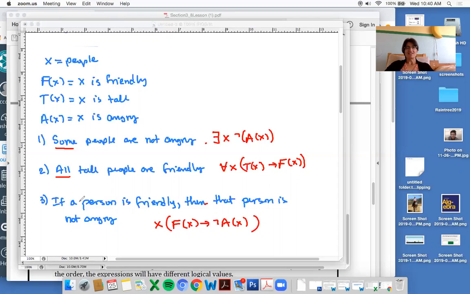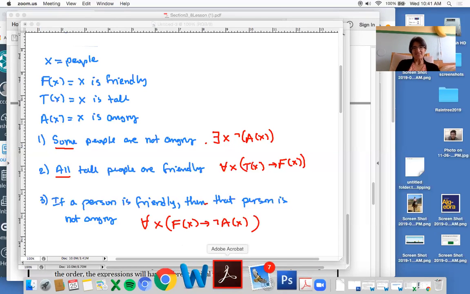Am I saying there is one person who's friendly and not angry, or does this mean for all people who are friendly, they're not angry? It's a universal. Cool. So that was a little bit of translation. These are fun, but they can be confusing. They're neat to look at. All right, let's look at what happens.